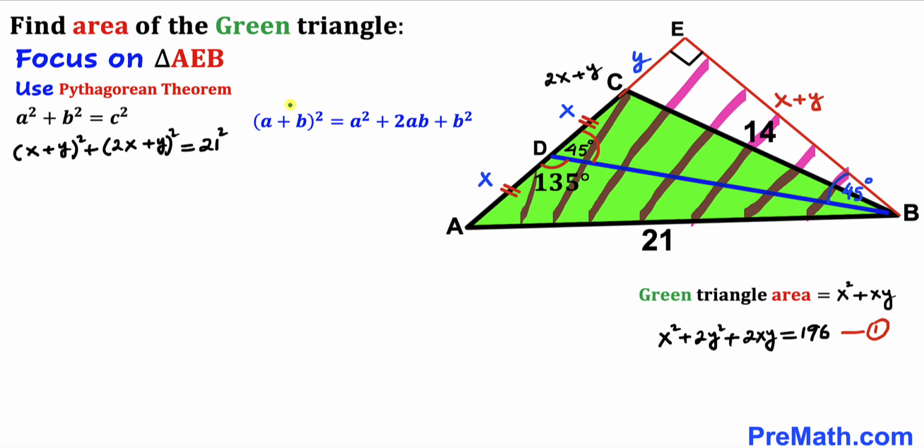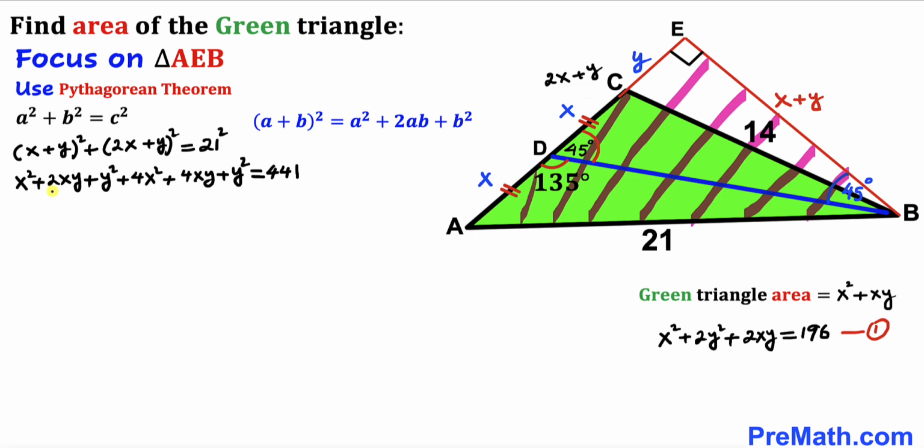Now let's recall this identity once again: A plus B whole square can be written as A square plus 2AB plus B square. We are going to apply it on both binomials on the left hand side. So we have X square plus 2 times XY plus Y square, plus 4X square plus 4 times XY plus Y square, equals 441.